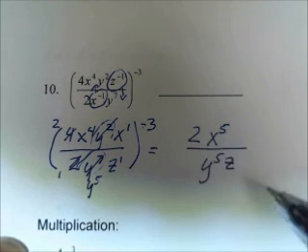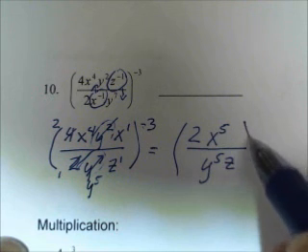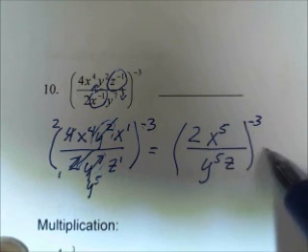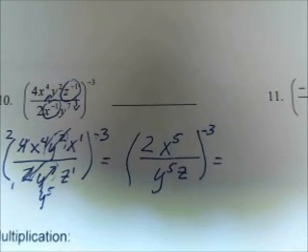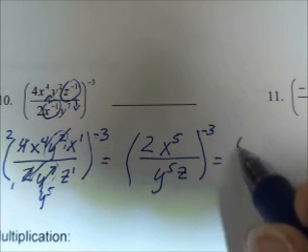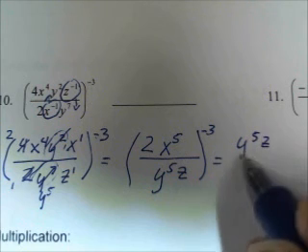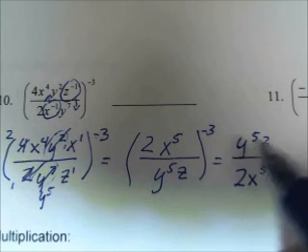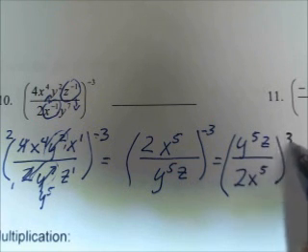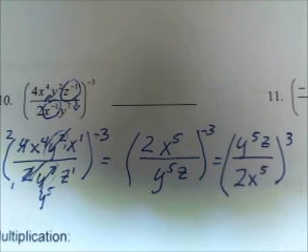So now this has been simplified, but we still have to raise it to the -3 power. Well, take care of the negative part of the exponent by taking the fraction and flipping it, inverting it. So this would be y to the 5th z over 2x to the 5th raised to the +3. And now the last thing to do is to distribute, right?